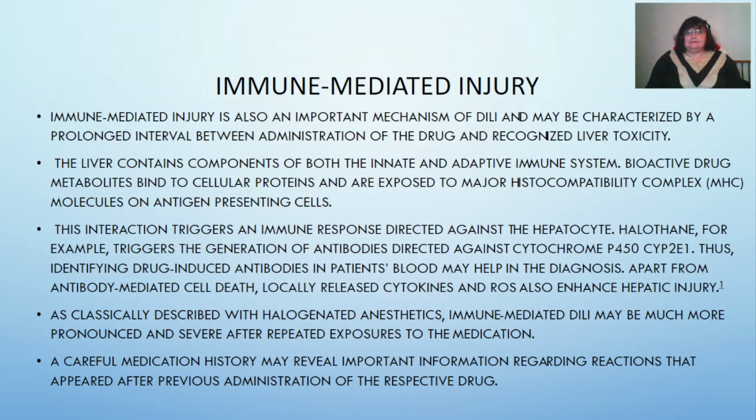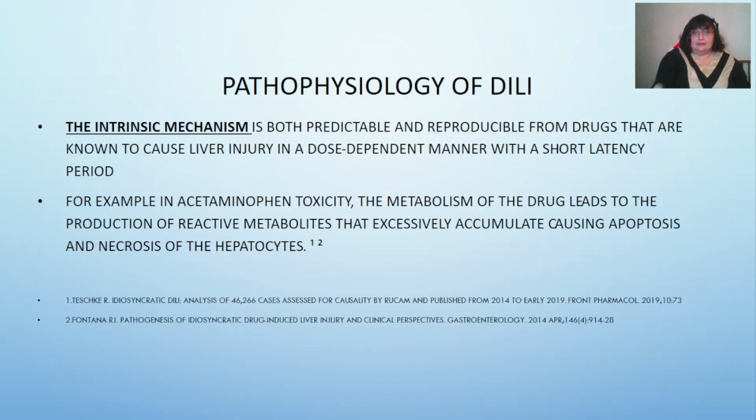As classically described with halogenated anesthetics, immune-mediated DILI, drug-induced liver injury, may be much more pronounced and severe after repeated exposure to the medication. A careful medication history may reveal important information regarding reactions that appeared after previous administration of the respective drugs.